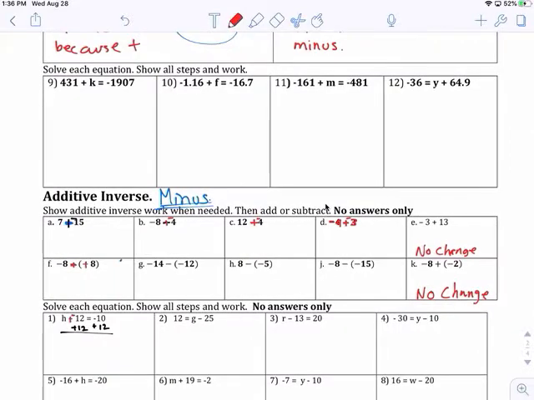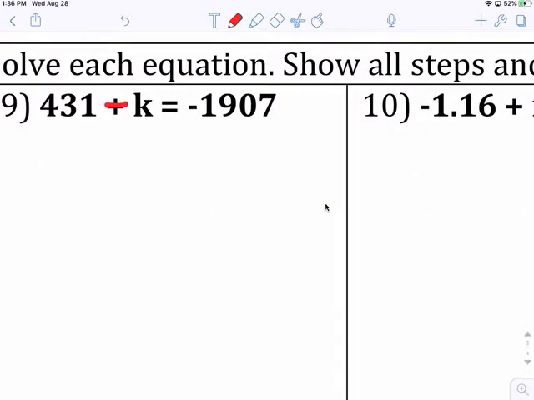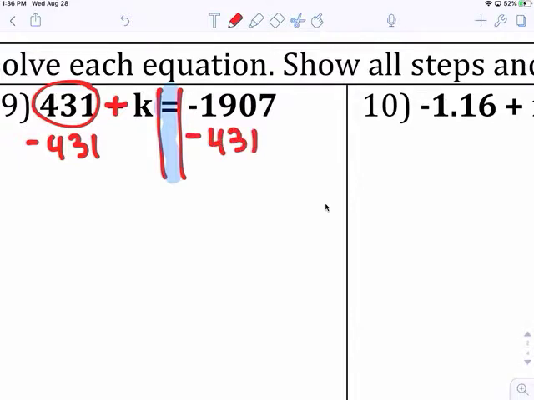There we go. On number 9, 10, 11, 12, you do the same. Here's the plus sign. Find that, make 0 to that side of the equal sign. So make 0 to this by minusing 431, minus 431. Okay, now put that under 431.